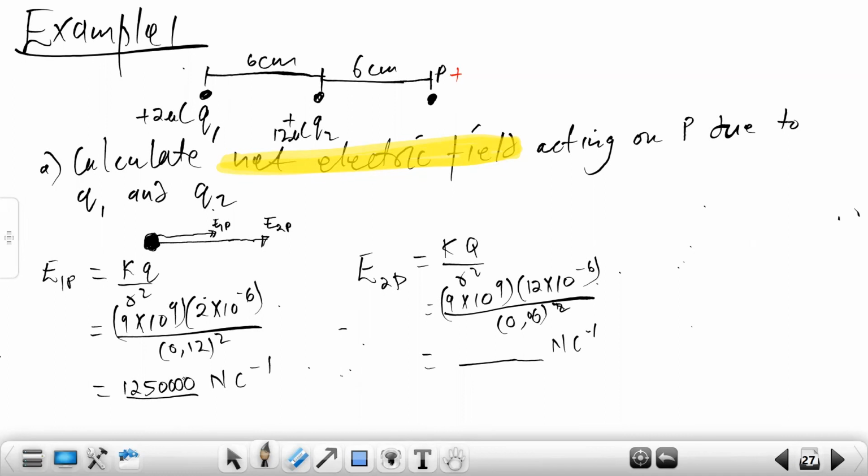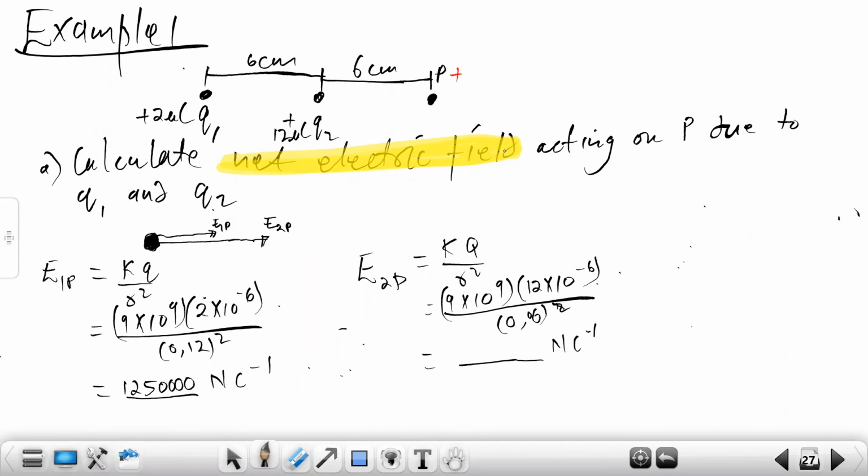And then for this one, it's 9 exponent 9, 12 exponent negative 6, divided by 0.06 squared. So this, we take it to scientific notation.